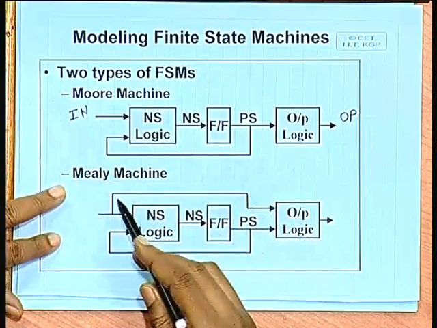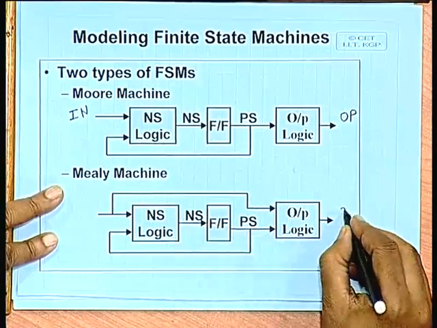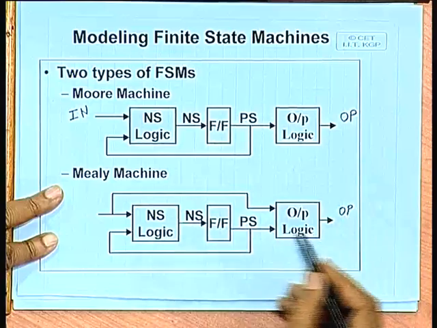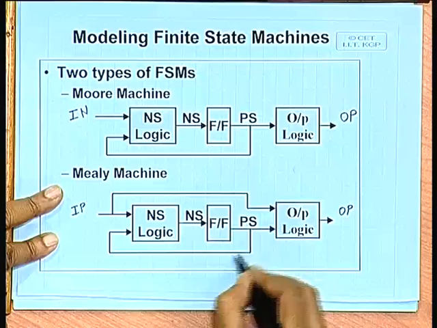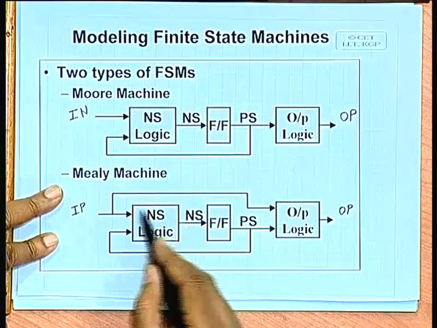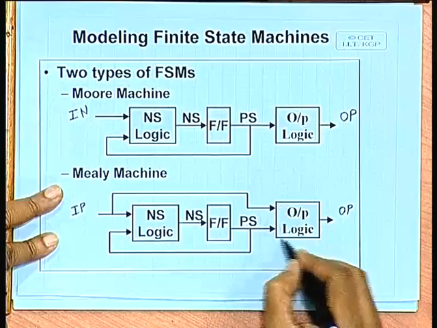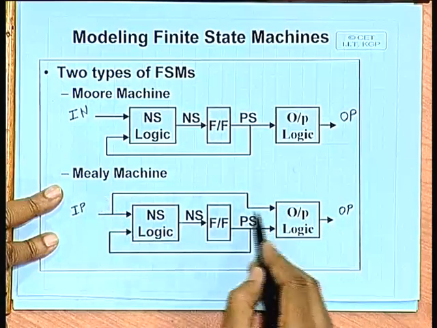Now, in contrast, a Mealy machine has both its next state and the output functions depending on the applied inputs and the present state. Next state depends on these two through a logic called the next state logic. Similarly, the output logic generates the output as a function of the present state and also the input.